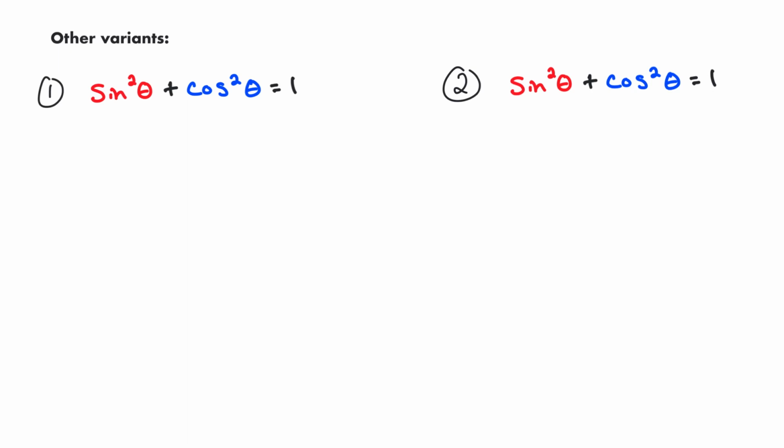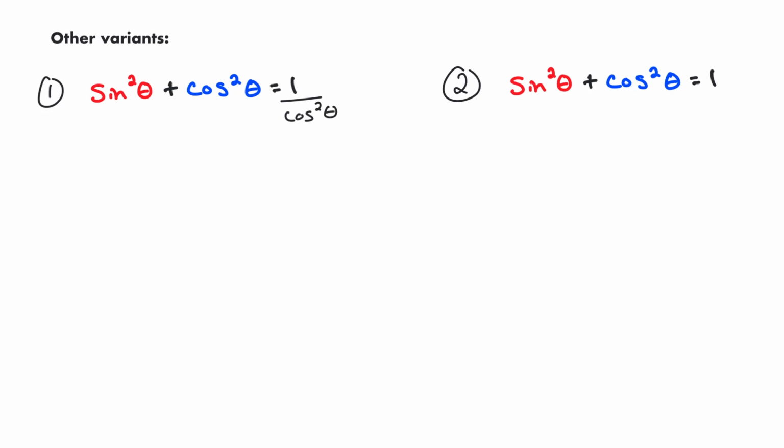All you do is you start with the original Pythagorean identity, sine squared plus cosine squared equals 1. And then, in my first iteration, if I want to have a Pythagorean identity with, let's say, secant in it: secant is 1 over cosine. So if I want secant to show up, I'm going to have to divide the 1 by cosine squared.